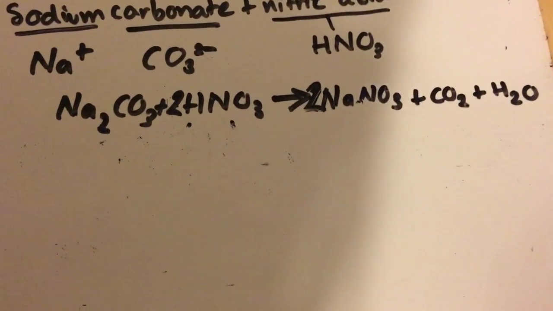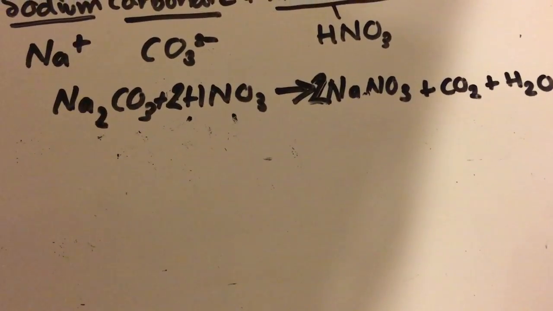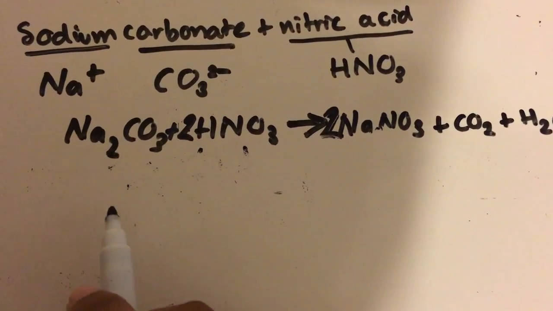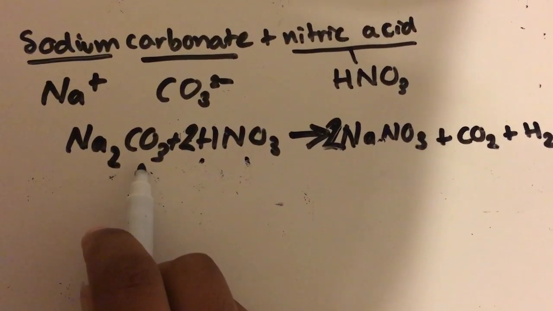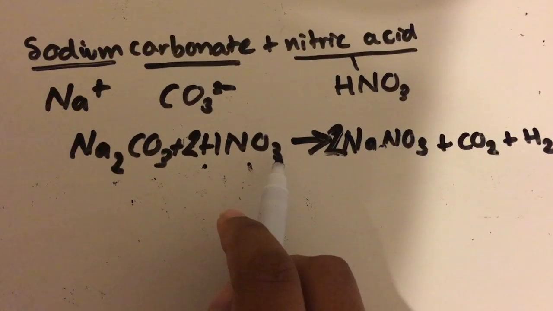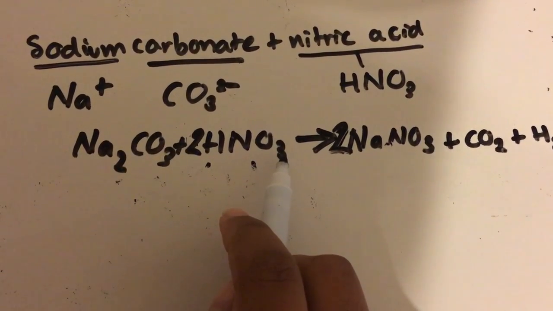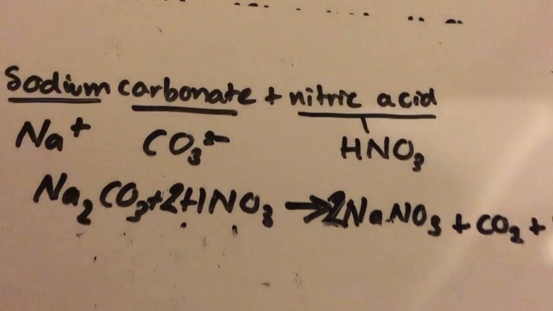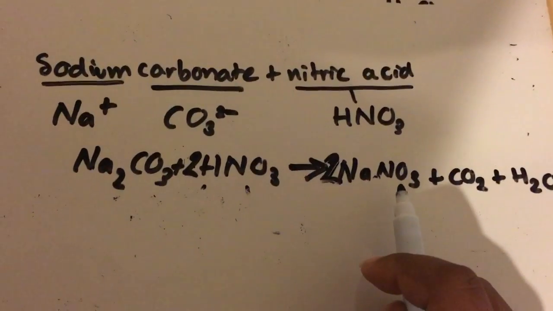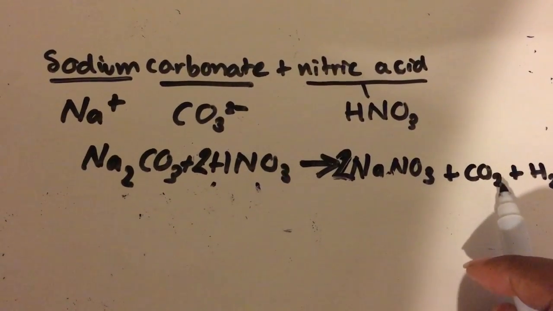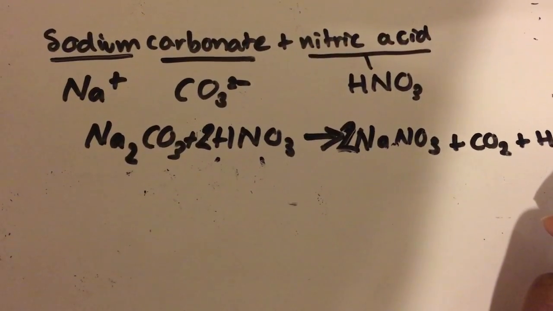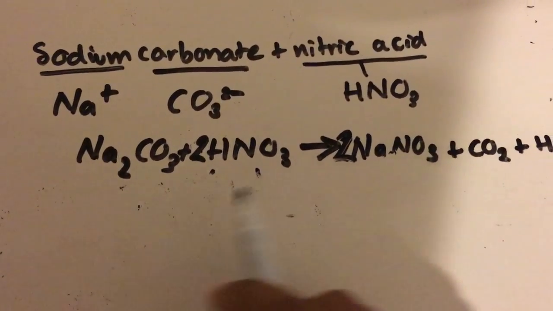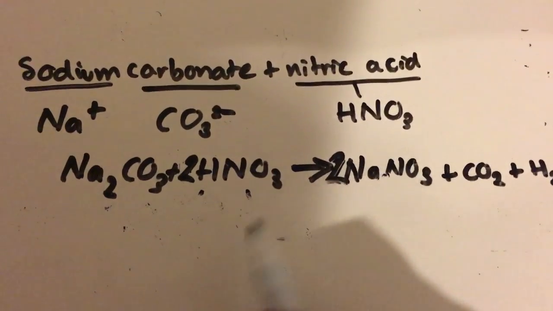We can double check it. We've got our 2 Nas. We've got 1 carbon. We've got 1, 2, 3, 4, 5, 6, 7, 8, 9 oxygens on this side, and 1, 2, 3, 4, 5, 6, 7, 8, 9 oxygens on this side. 2 hydrogens and 1 NO3 on each side.